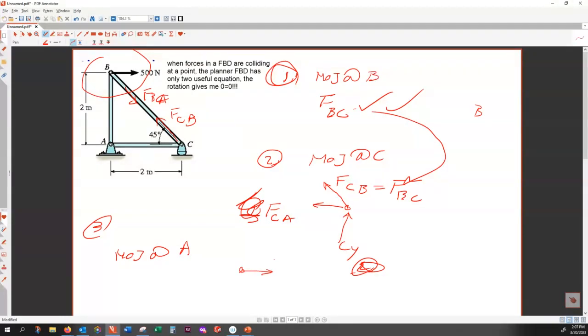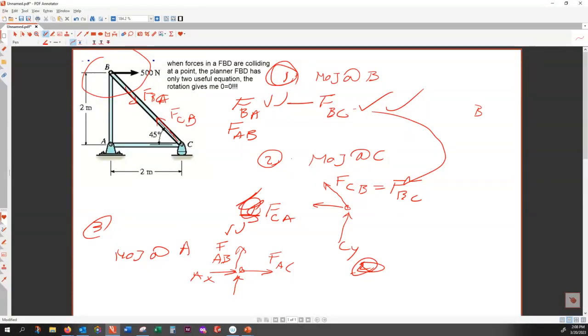This will be FAC, that would be FAB, and this is AX, this is AY. So how many unknowns here? That FBA, I should know, because after solving the first step, I not only get FBC, but also FBA, right? But FBA is equal to FAB. So here, FAB is a known value.